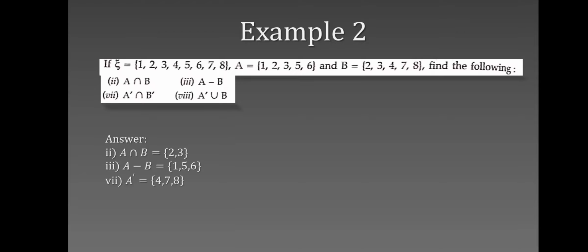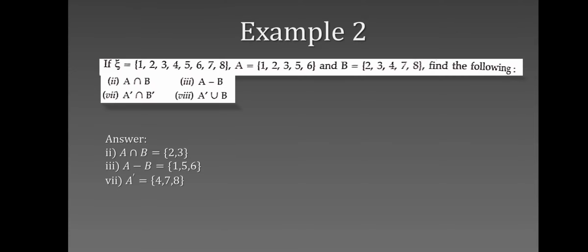Now the third one, I have to find A complement intersection B complement. So let us first find what A complement is. Now how to find A complement? As we have seen in the property, it is the universal set minus A. So that means we have to find all those elements in the universal set which are not in A. So we can see that 4, 7 and 8, these are the three elements which are not in A but in the universal set.